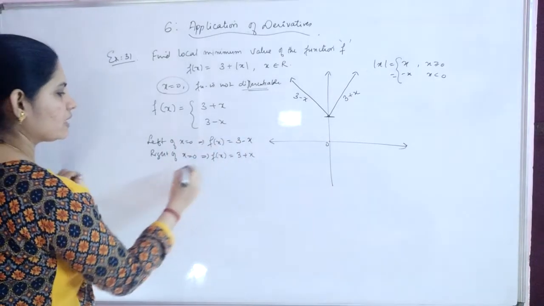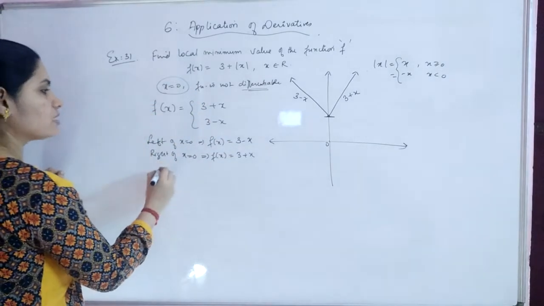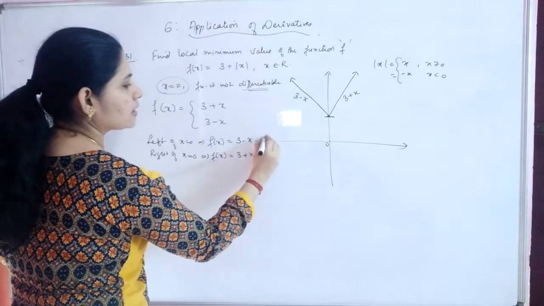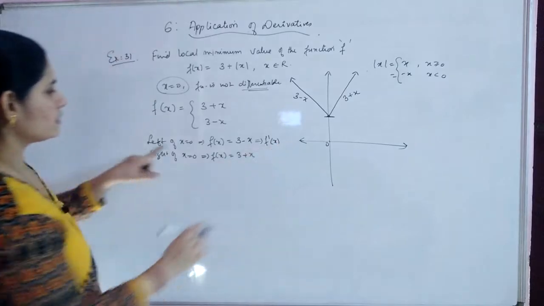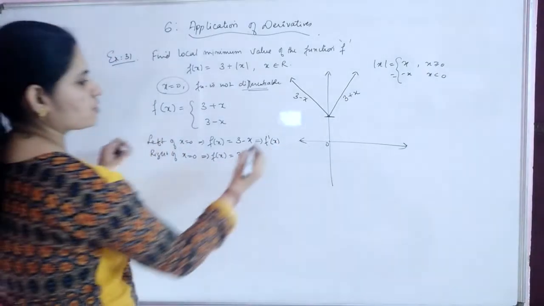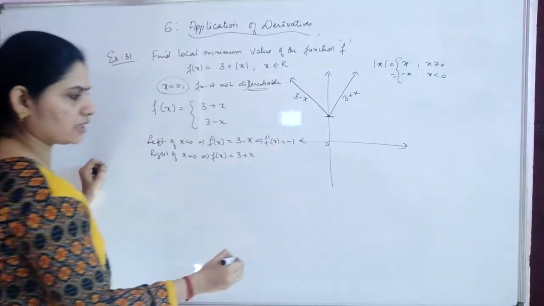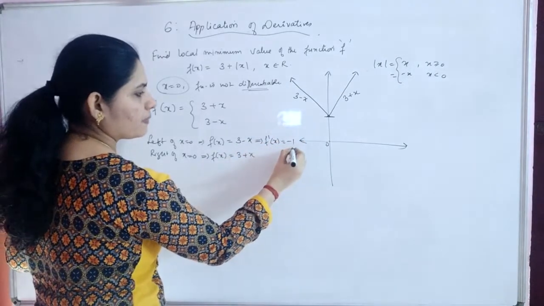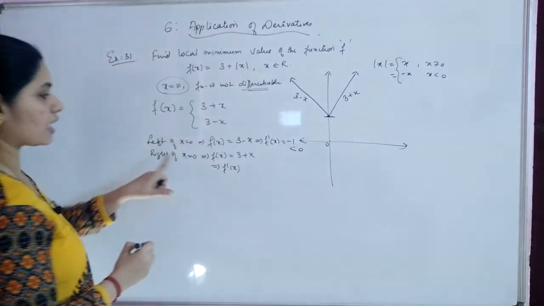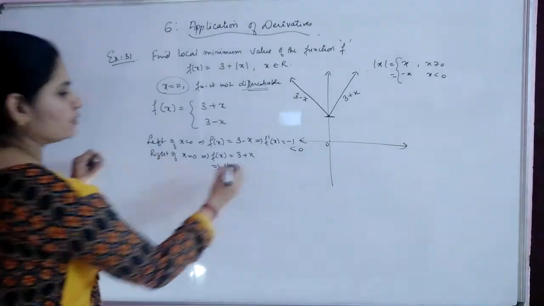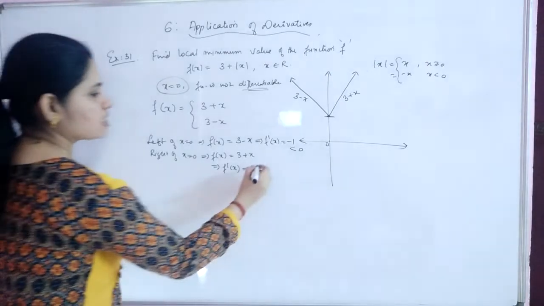Accordingly, we can find the derivative. First we have separated the function and now we are differentiating it. The derivative to the left of x equal to 0: differentiating 3 minus x gives minus 1, which is less than 0. To the right of the critical point, f dash of x is 1, which is greater than 0.